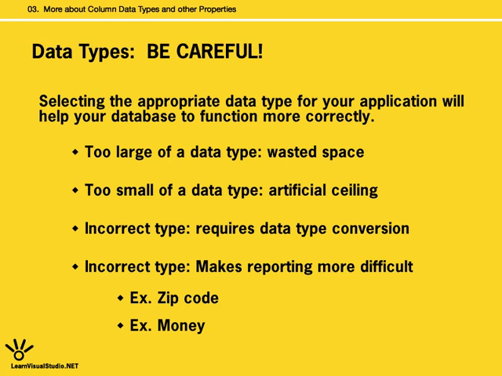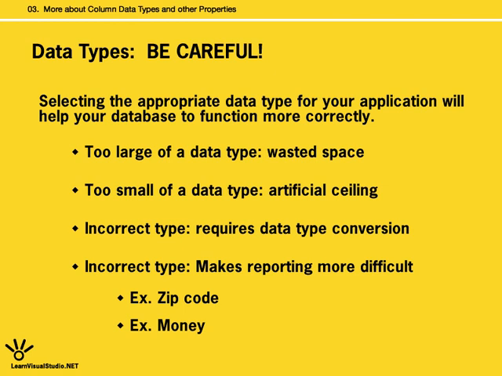Now, if we select too small of a data type, then we put an artificial ceiling on what our application is able to accept. So we certainly don't want to do that either. If we select the wrong data type, then getting the data into and out of the database becomes a very time-consuming and frustrating process. We have to convert the data type to the correct data type for use in our reports and our applications, and then convert it back for storage back into the database.